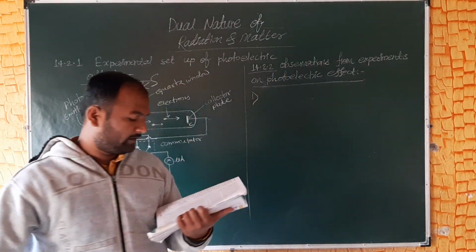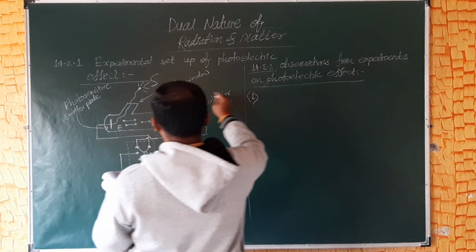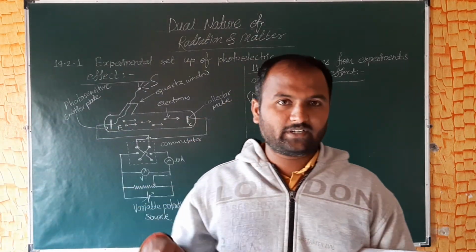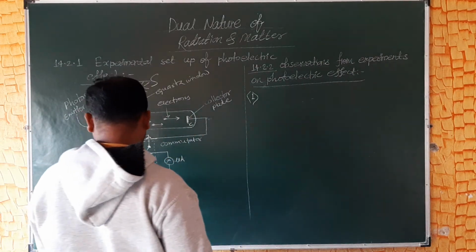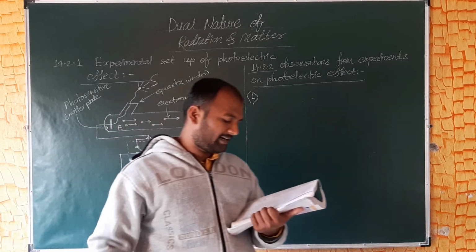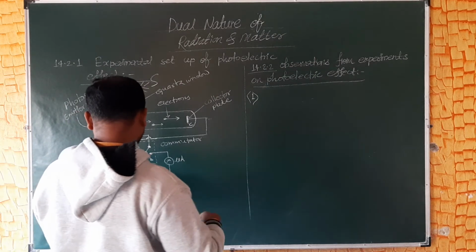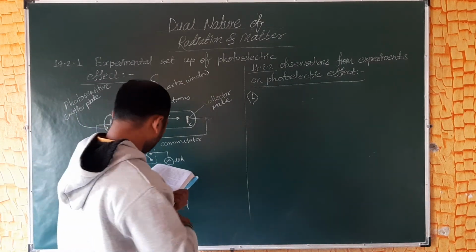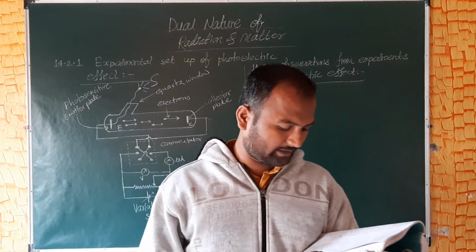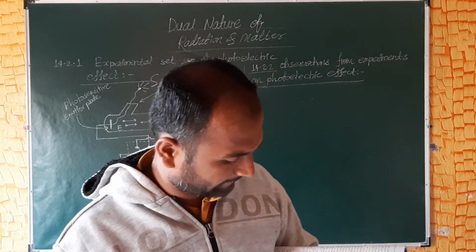First point: when ultraviolet radiations were incident on an emitter plate, current I was recorded even if the intensity of radiation was very low. Photoelectric current I was observed only if the frequency of incident radiation was more than some threshold frequency nu naught. Nu naught was the same for a given metal and was different for different metals used as the emitter.